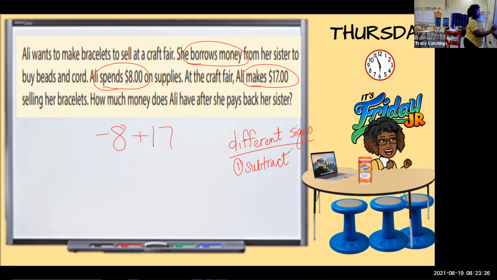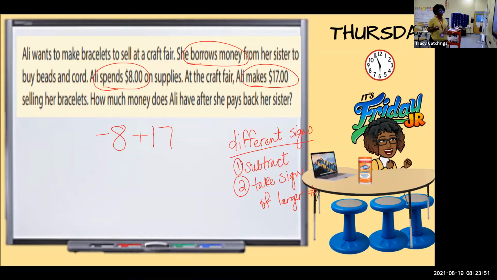All right, you should have that we're going to subtract the numbers, and then we're going to take the sign of the larger number. Okay, William, you good. These have different signs. We got a -8 and we got a +17.